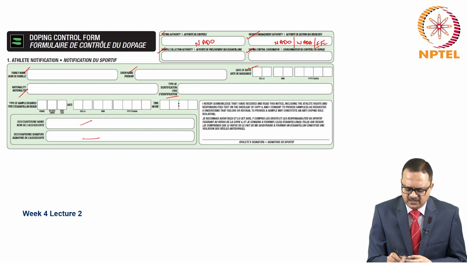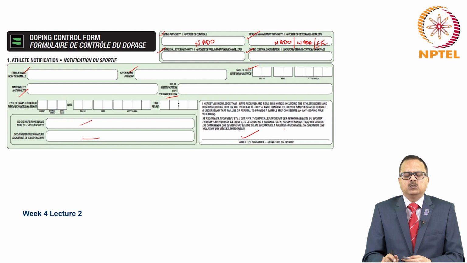I also understand that failure or refusal to provide a sample may constitute an anti-doping rule violation. Then the athlete is asked to sign here. Once the athlete signs this document, the athlete is presumed to be notified.